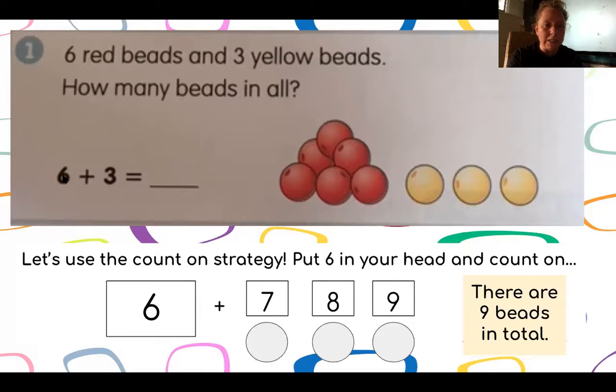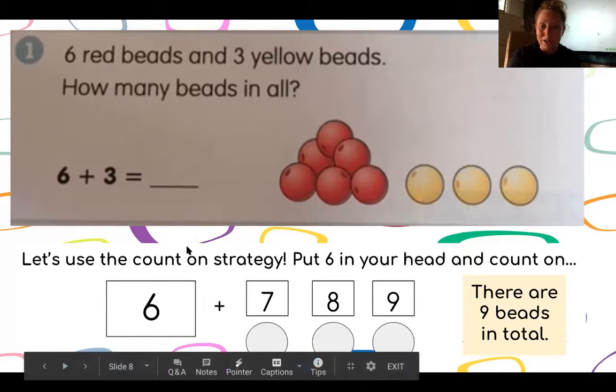The equation says 6 plus 3 equals blank. Let's use the count on strategy. Put 6 in your head and count on. 6, 7, 8, 9. Your picture could look like this. 6, 7, 8, 9. There are 9 beads total.